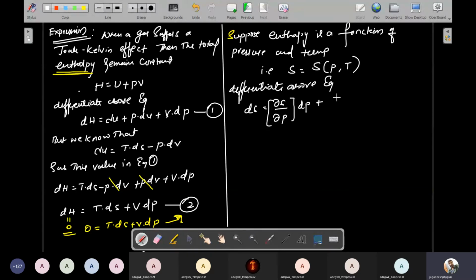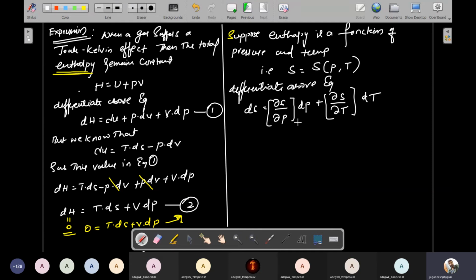Plus ∂s/∂T into dT. So this is the differentiable form of the above function: ds = (∂s/∂P) dP + (∂s/∂T) dT.